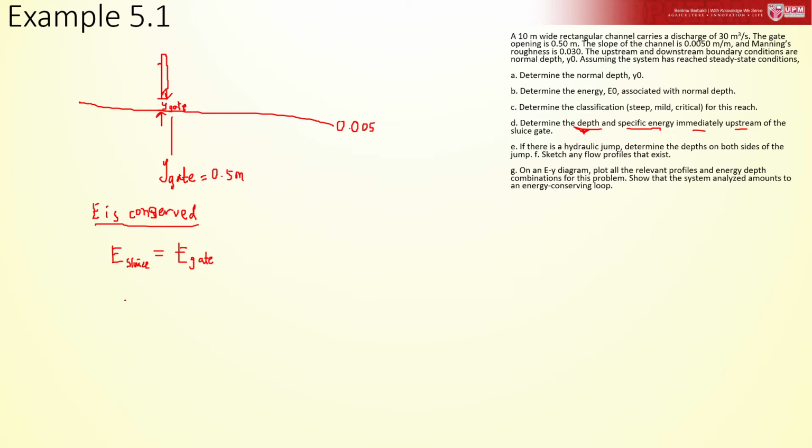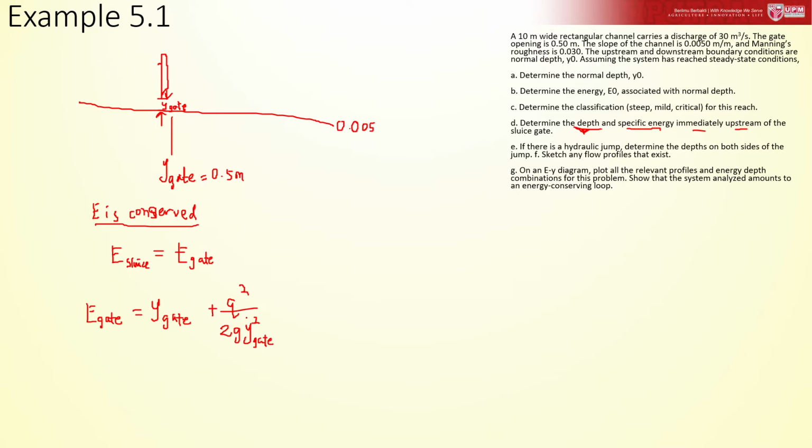So we can just find the energy at the gate then. So energy at the gate, we will use y, the depth below the gate. So this is y gate plus Q to the power of 2 divided by 2g y gate to the power of 2.